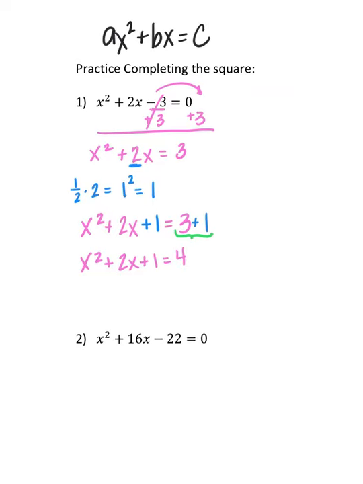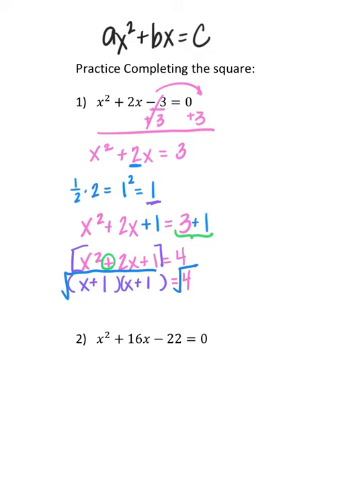Now I'm going to factor this. So I have x, and I get x plus 1, because I said it comes always from there. X plus 1, and it's a plus because of the plus sign in front of b, equals 4. So to solve, I'm going to take the square root of both sides.